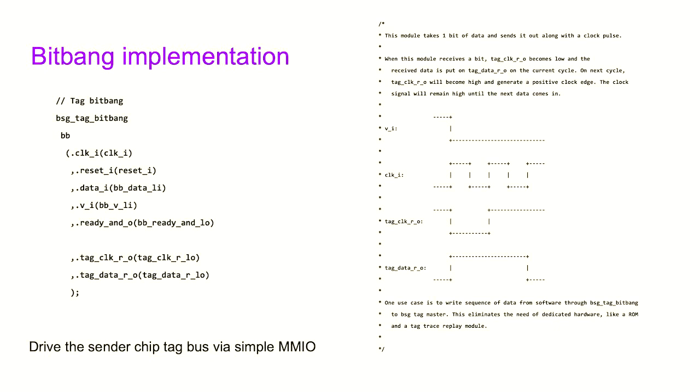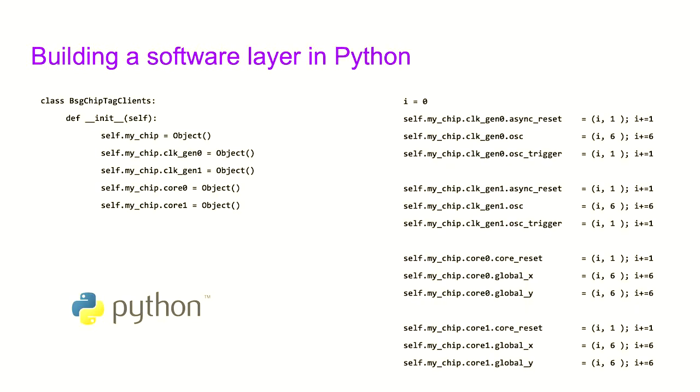And by doing this, you can have programs on your sender chip dynamically configure your tags. So during bring up for a chip, you might be able to configure your tag clocks from a command line. You might be able to build this into your PCB board for just pre-programmed sequences. It gives you a lot of flexibility.